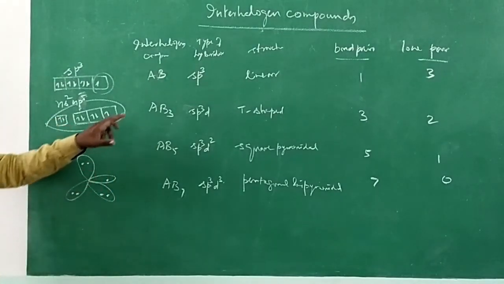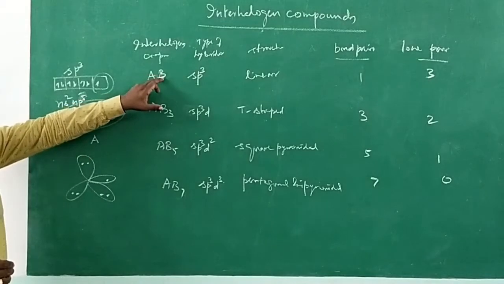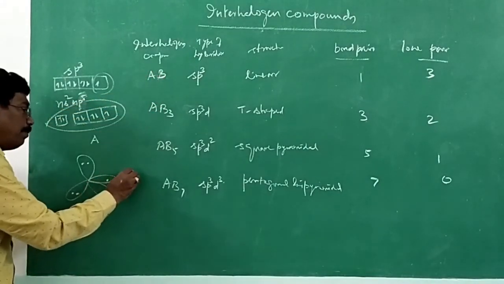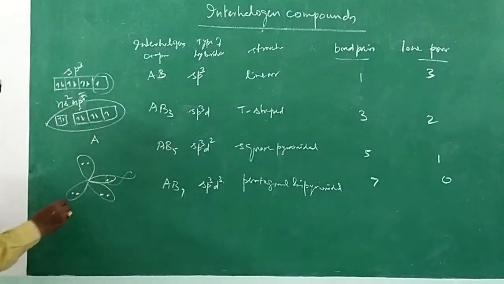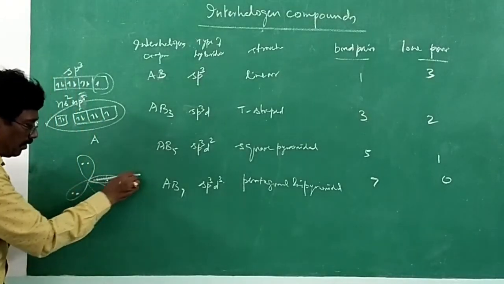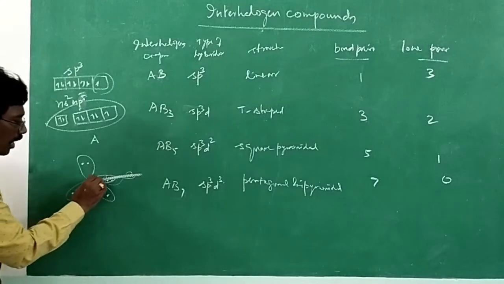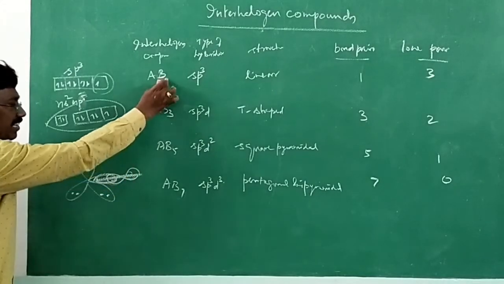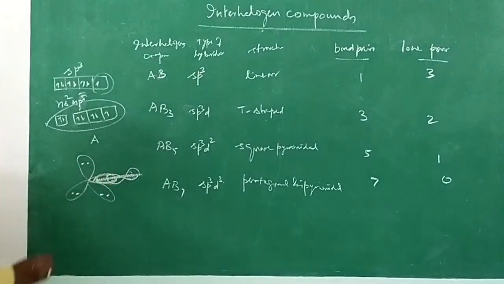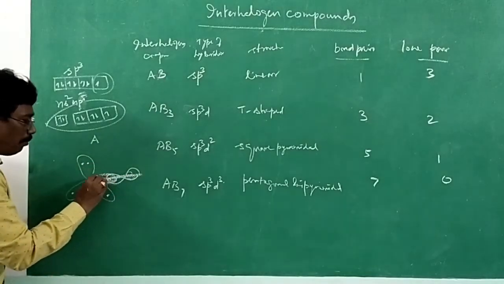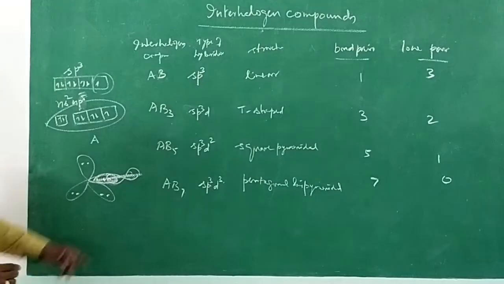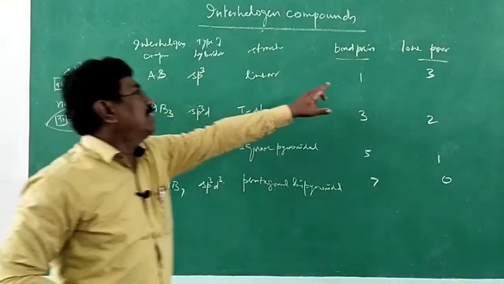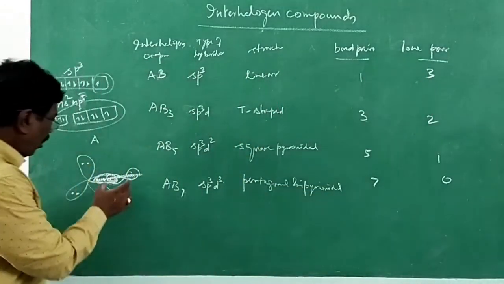That electron makes a bond with B, that is another halogen, 1 electron of the halogen, maybe a p orbital, something like that. So this is linear. The bond formed between 1 sp3 hybridized orbital and 1 singly filled orbital of another halogen is linear. Therefore, we get only 1 bond pair, and that is linear, and we say 1 bond pair, 3 lone pairs.